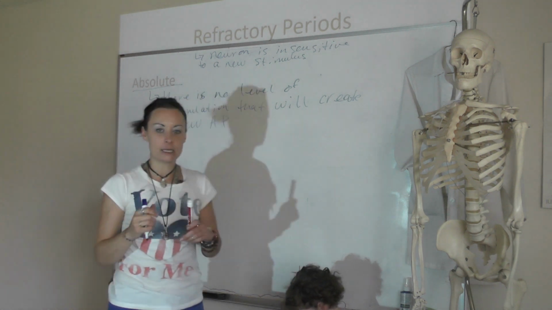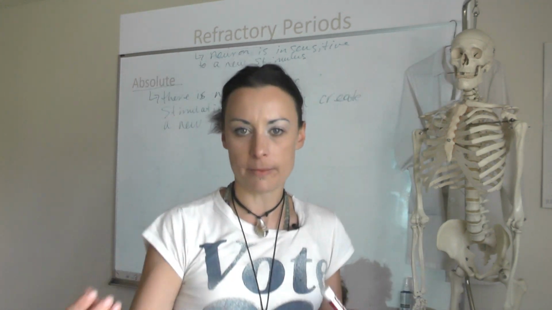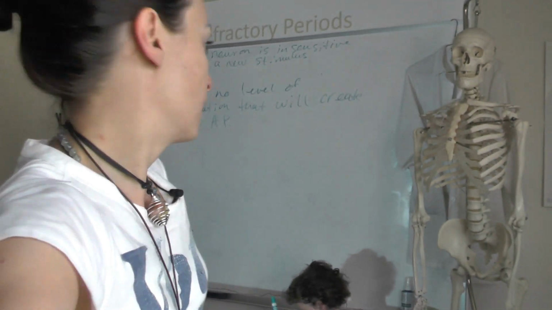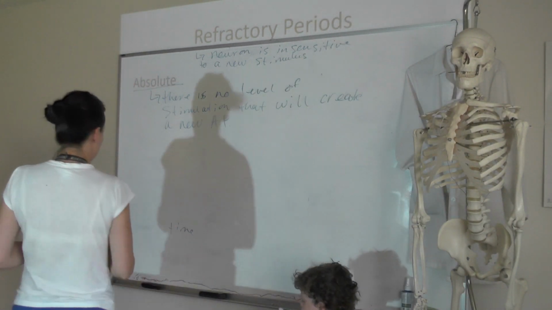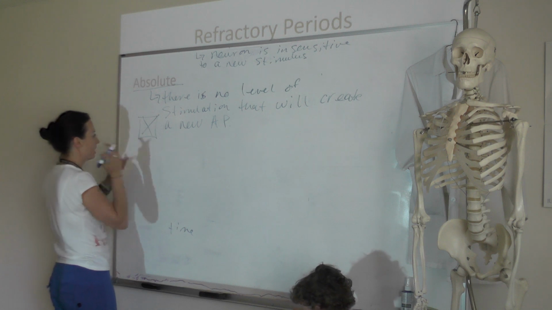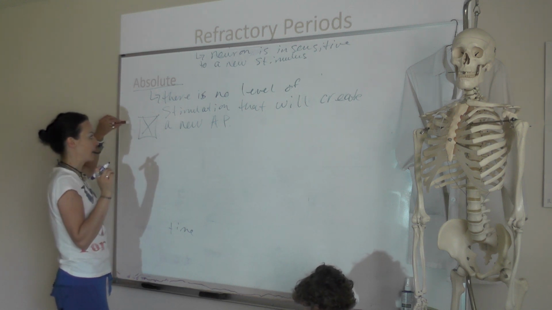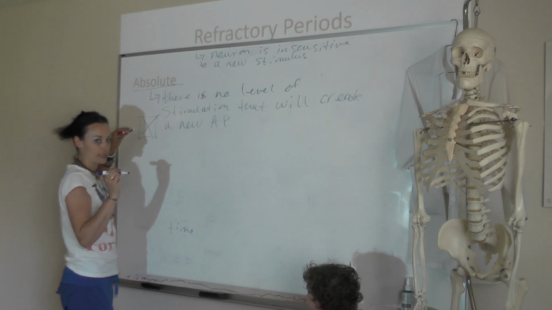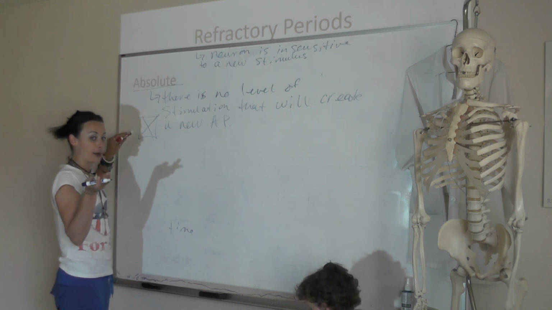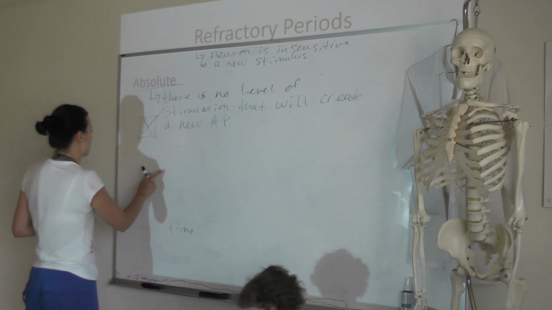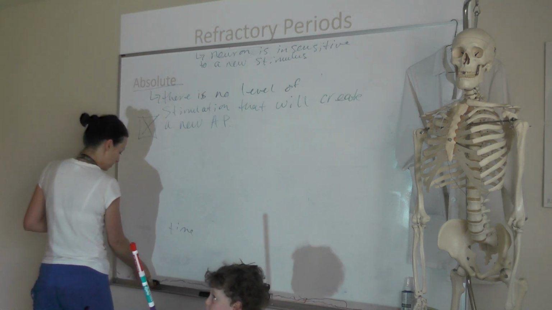Could you think of a physiological reason a neuron might be absolutely refractory? Maybe because the voltage-gated sodium channel is inactive. So all during the time that the voltage-gated sodium channel is inactive, there is nothing that we can do to start a new action potential, because it's the opening of the voltage-gated sodium channel that gets the action potential going. So that's going to be our absolute refractory period.